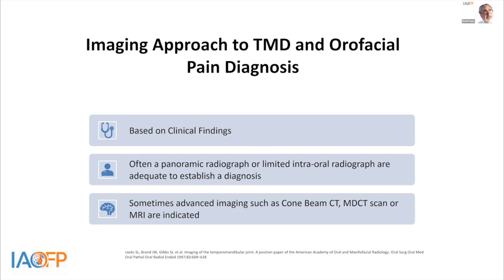Based on the findings, we can establish the diagnostic tool. We can start with panoramic or limited intraoral X-rays. In cases where we need more details, as I said earlier, advanced imaging like CT scan, CBCT, or medical CT scan is indicated, or we should plan on it.